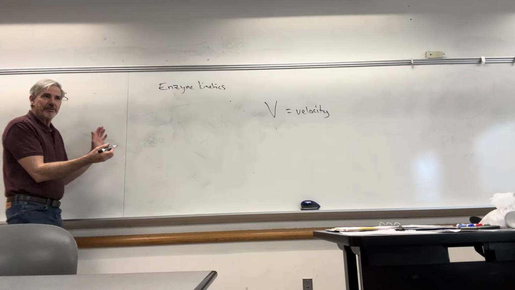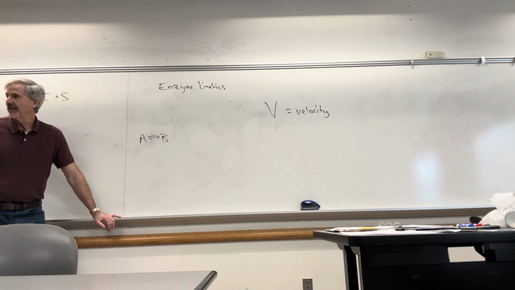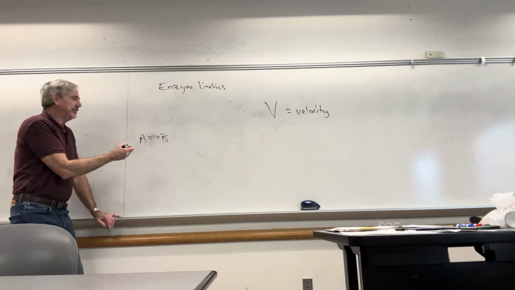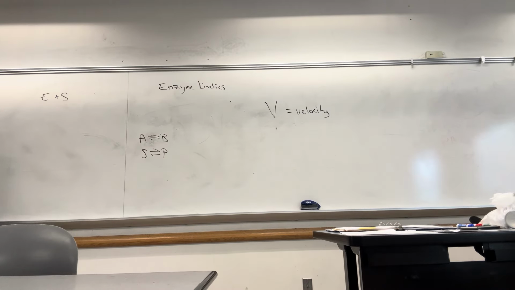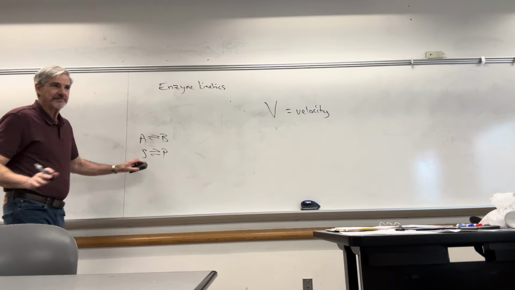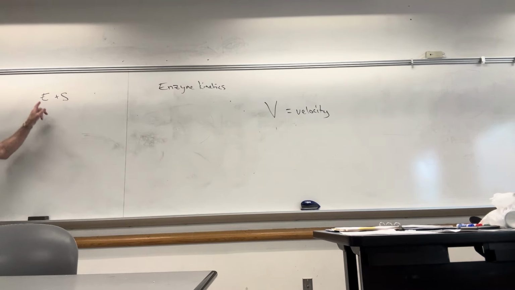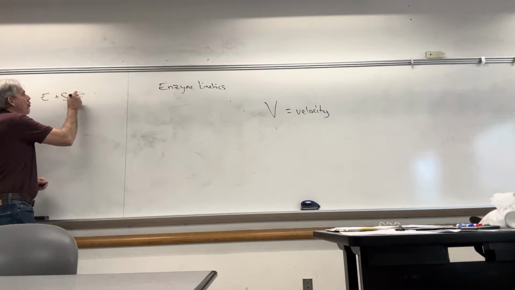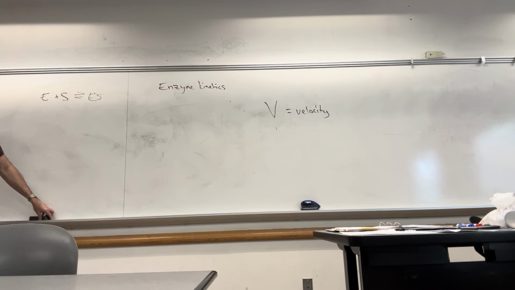The simplest chemical reaction you could have is A turns into B, or in our different language here, substrate turns into product. We're not going to get any more complicated than that. But we have to bring the enzyme into it. So the enzyme has to bind to the substrate. That forms something called an enzyme substrate complex.